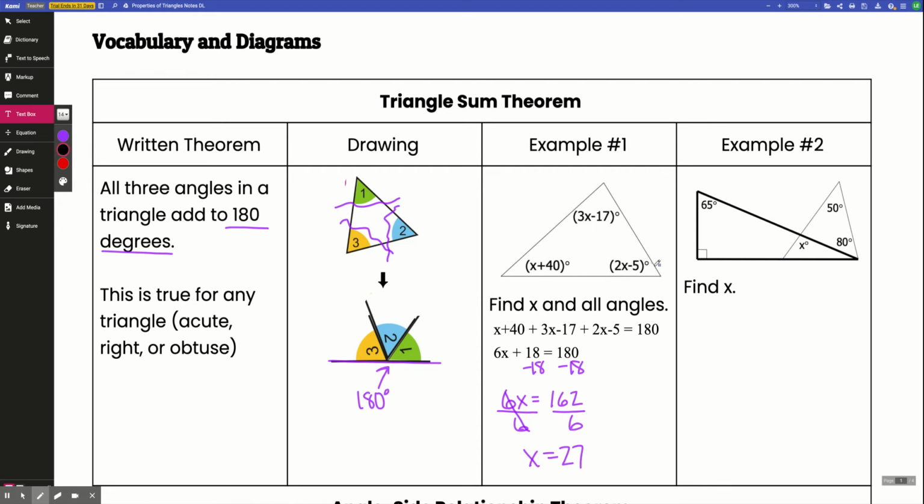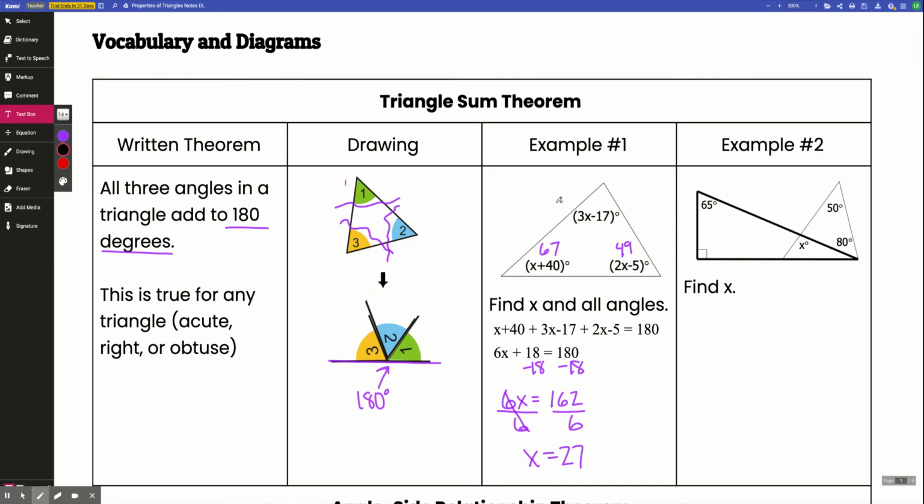Okay, so if x is equal to 27, then that means this angle here has to be 67, right? 27 plus 40 is 67. Then this angle here, 27 times 2 is 54, minus 5 is 49.